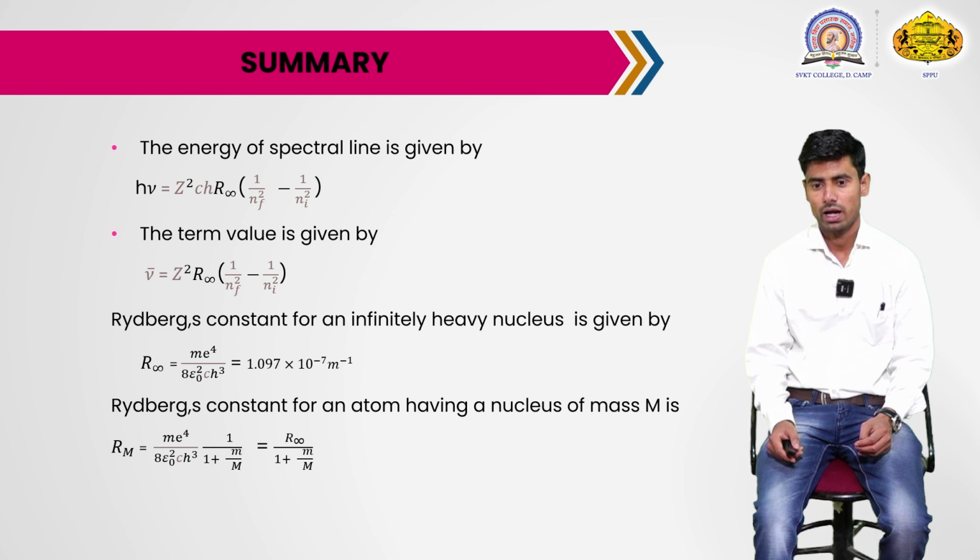For an atom having a nucleus of finite mass capital M, in that real situation the Rydberg constant R_M will be m e power 4 by 8 epsilon 0 square c h cube into 1 by (1 plus small m by capital M). Here small m is the mass of the electron and capital M is the mass of the nucleus, and this comes out to be R infinity by (1 plus small m by capital M). So the Rydberg constant for atoms will be less than R infinity by a factor of 1 plus small m by capital M.